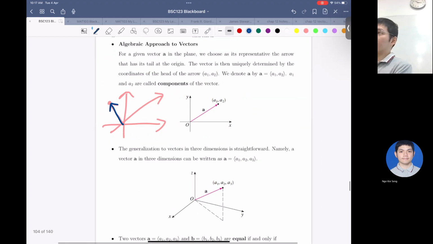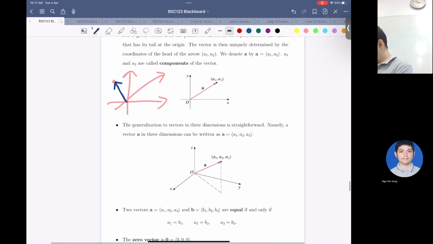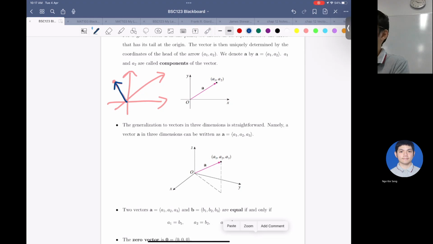So when are two vectors equal? If they are equal in direction and equal in magnitude, are the two vectors equal?